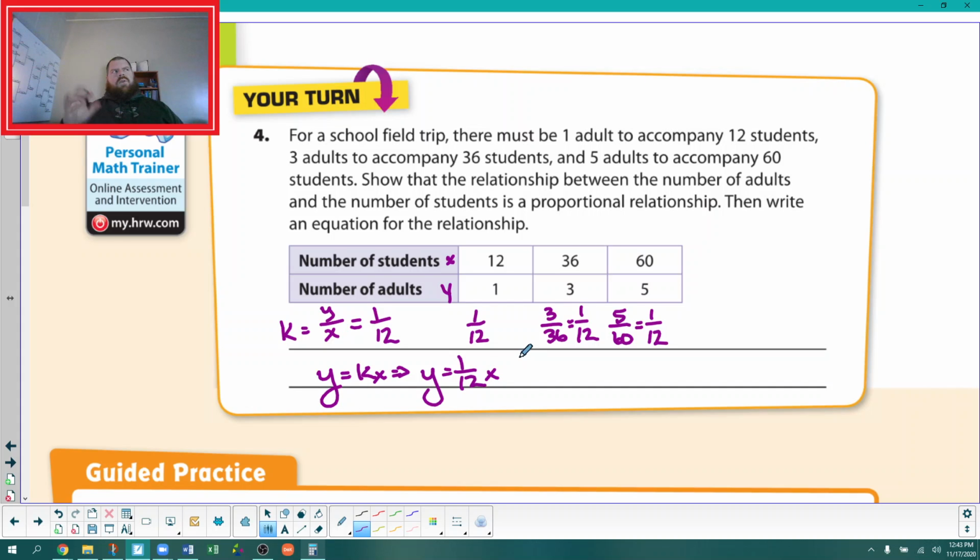Or if you rearrange things a little bit, you could tell that the number of students equals the number of adults times 12. That deals with a little bit of rearranging and recalculating, but it's another way that you could say it. Or that there's 12 times as many students as there are adults.